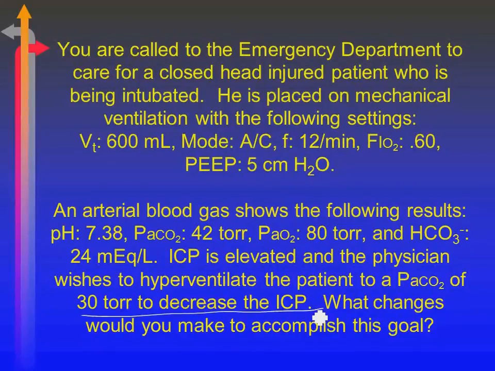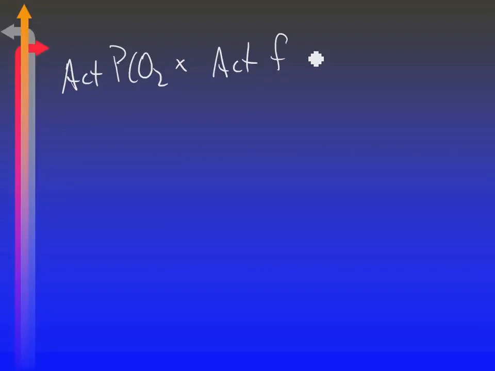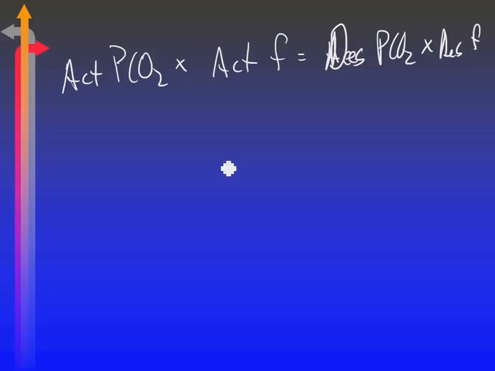Same thing, right? So it's my actual PCO₂ times actual, let's say we're going to use the rate, divided by desired. So my actual PCO₂ was 42 times an actual frequency of 12, and my desired is 30.